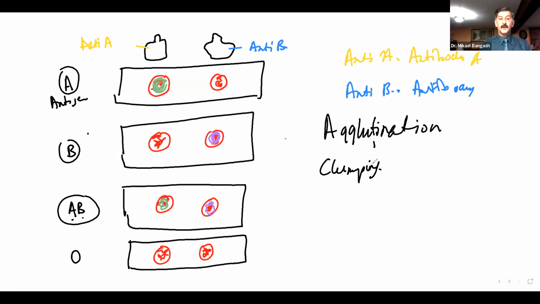So what will happen is that the blood will clump. Now, if somebody doesn't know what clumping is, have any of you ever seen milk turn bad? It splits, right? You have the water at the bottom, but the stuff that you have on the top is just clumped milk.